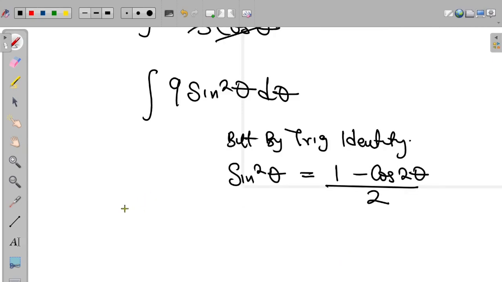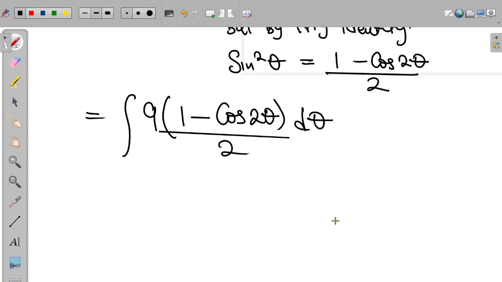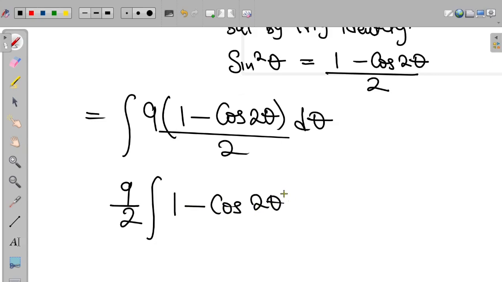Thus, we now have that this becomes the integral of 9, open bracket, 1 minus cos 2 theta, all divided by 2 d theta. Now, 9 and 2 are constants, so this becomes 9 divided by 2, factor that out, integral of 1 minus cos 2 theta d theta.